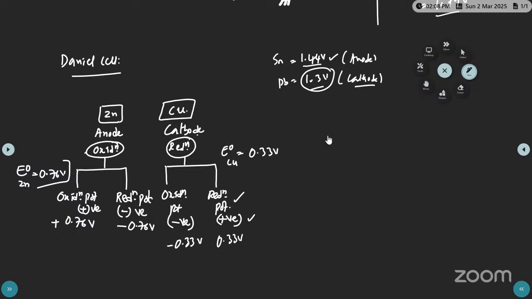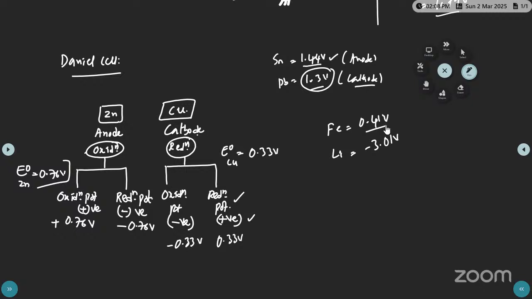Iron and lithium, for example. Iron has 0.41 volts and lithium has minus 3.01 volts, right? So the given potential at anode, directly say, what is the potential at iron?